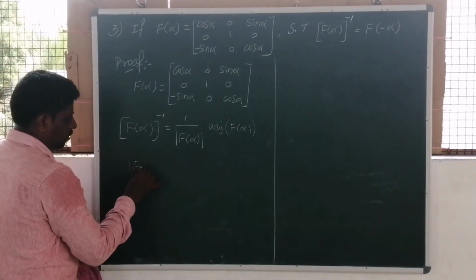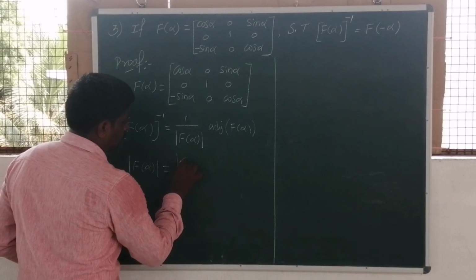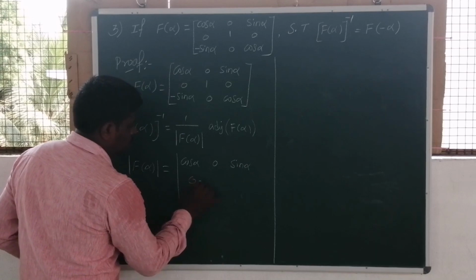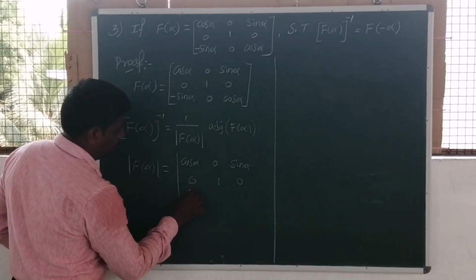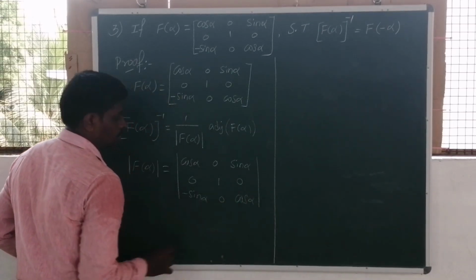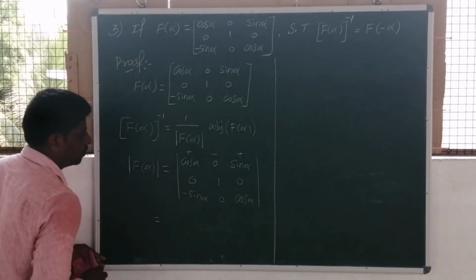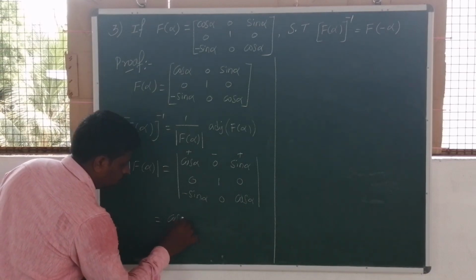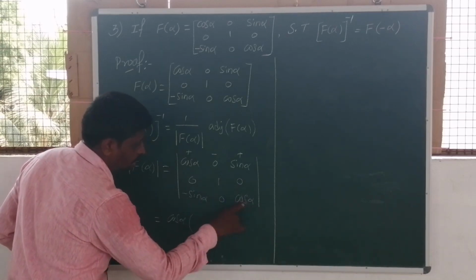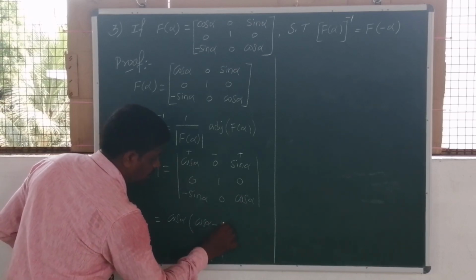First we find the determinant of f of alpha, that is the determinant of cos alpha 0 sin alpha, 0 1 0, minus sin alpha 0 cos alpha. Expanding along the first row, the first element is cos alpha into the 2 cross 2 determinant, that is 1 into cos alpha minus 0.